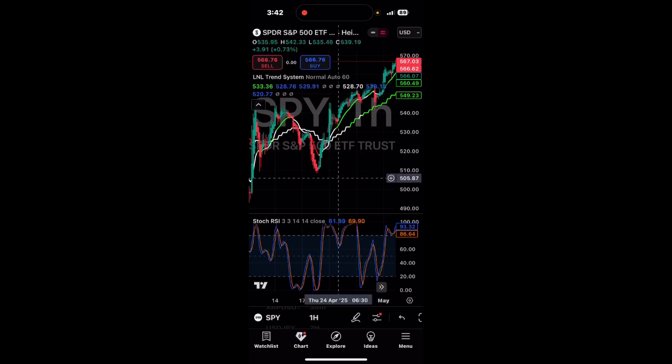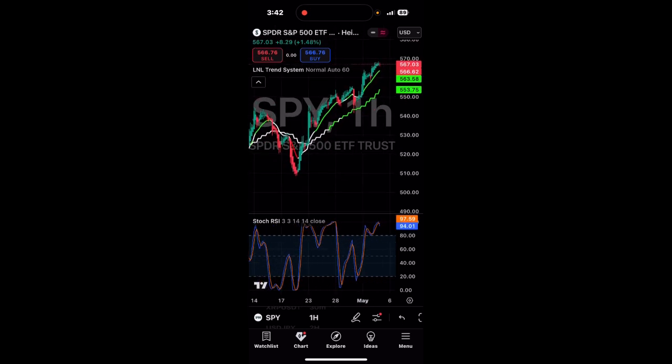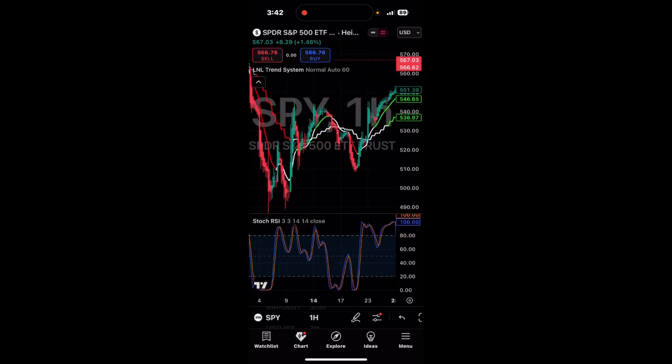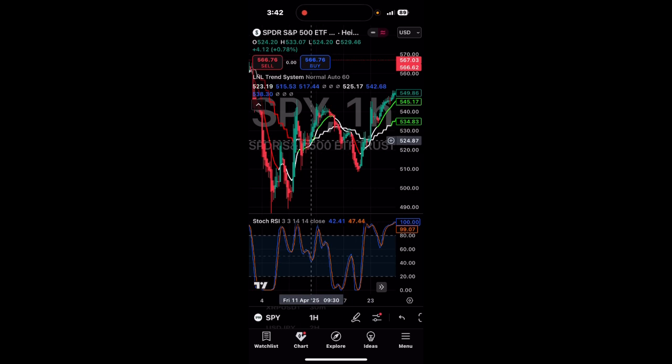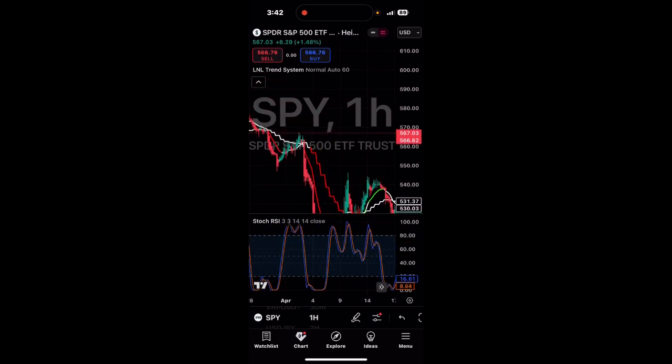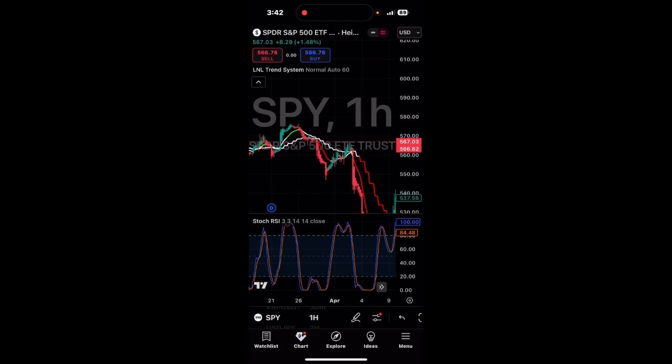So the first thing you've got to do in this strategy is locate the direction with the LNL trend system. First, we've got that point right here. There's the start of it going up. This is the start of it going down. This is the start of it going up. Where did it cross?